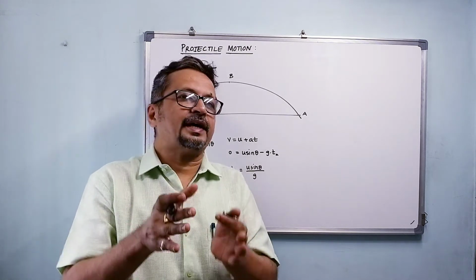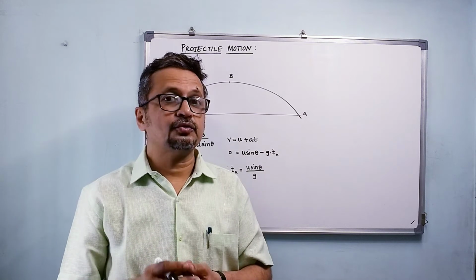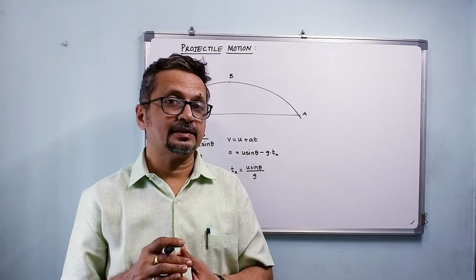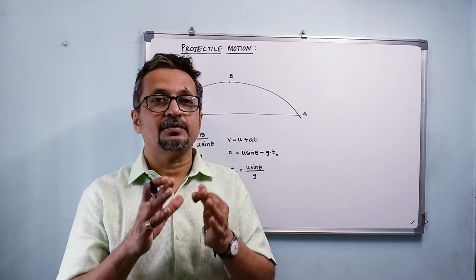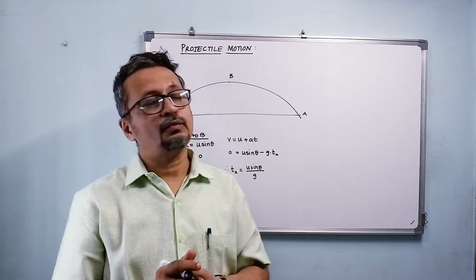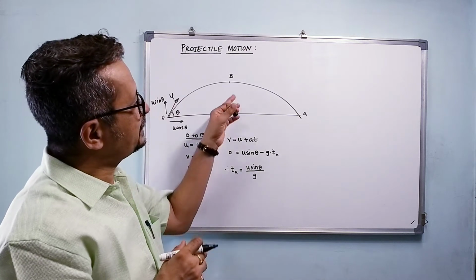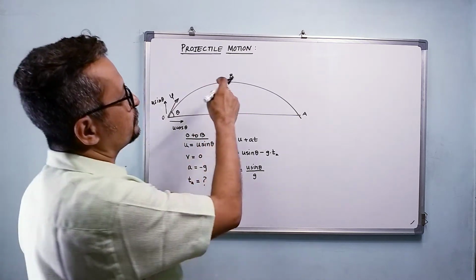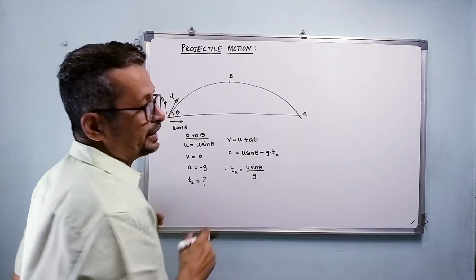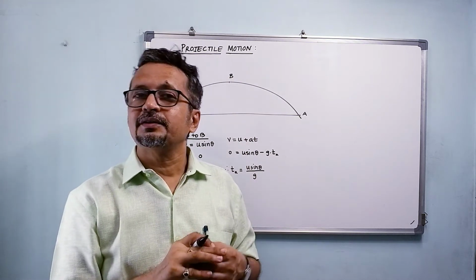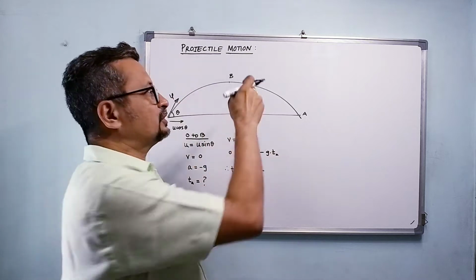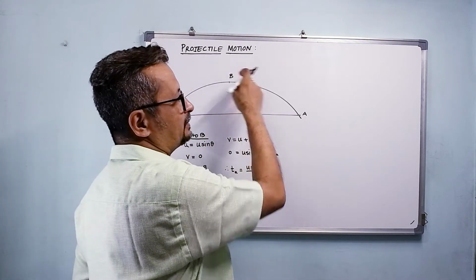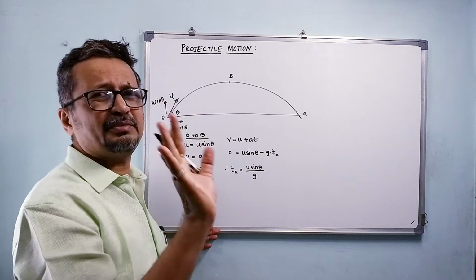So that was about time of ascent. Now you need to find time of descent. Okay, how do you find time of descent there? For that we have two ways. Now one way of doing that is, if you consider motion from B to A there, the velocity at B is 0. Okay, so initial velocity is 0 at this point, and then final velocity will be something.